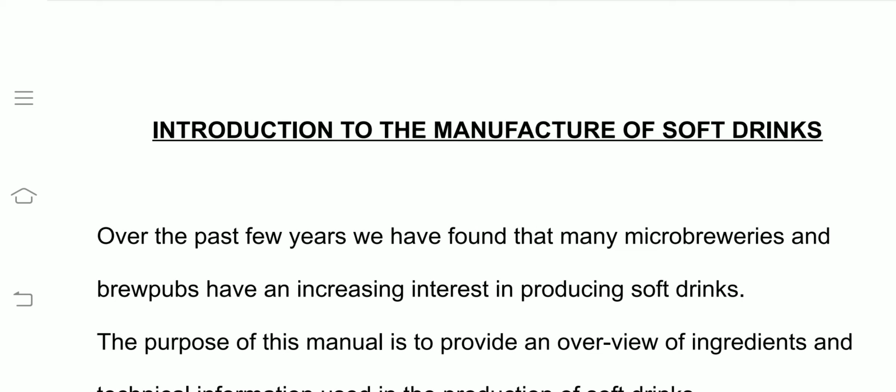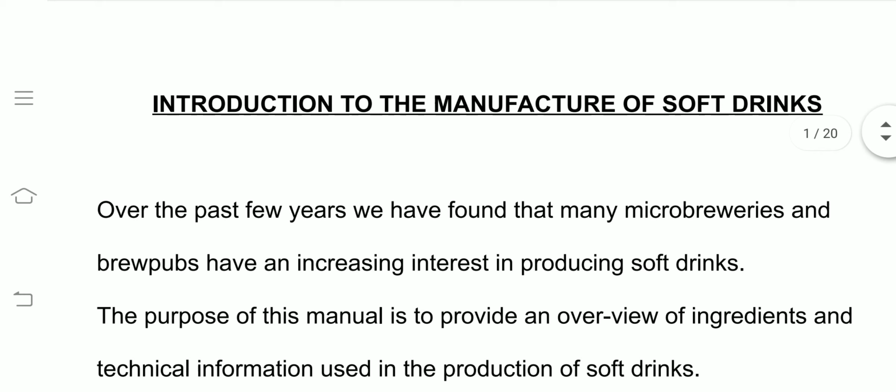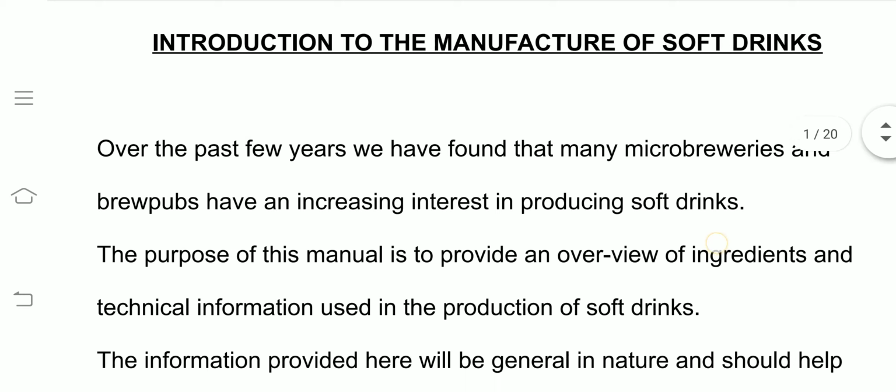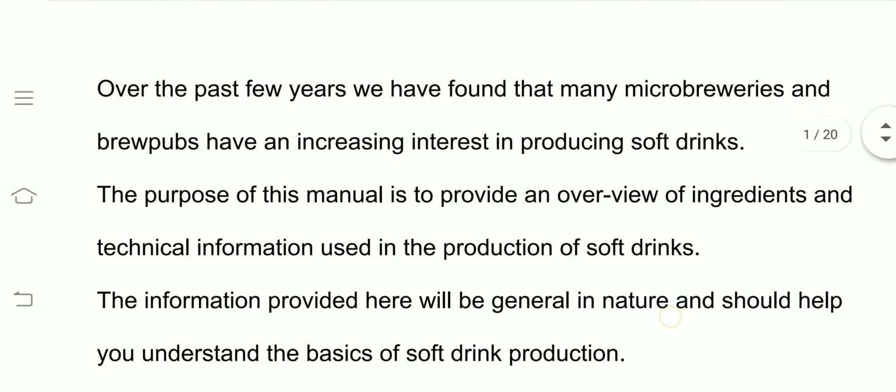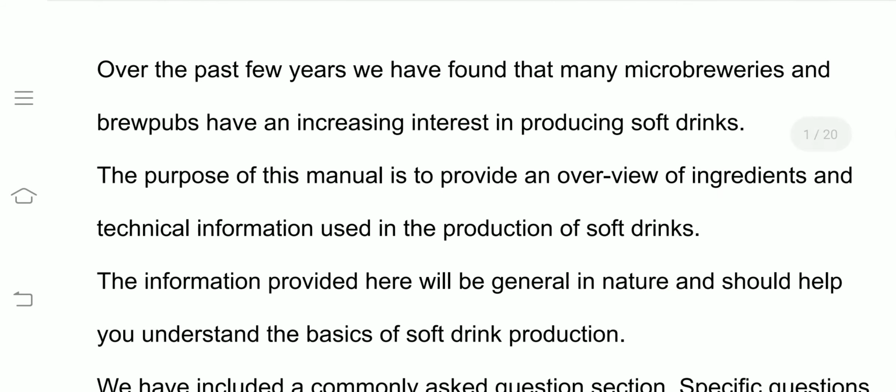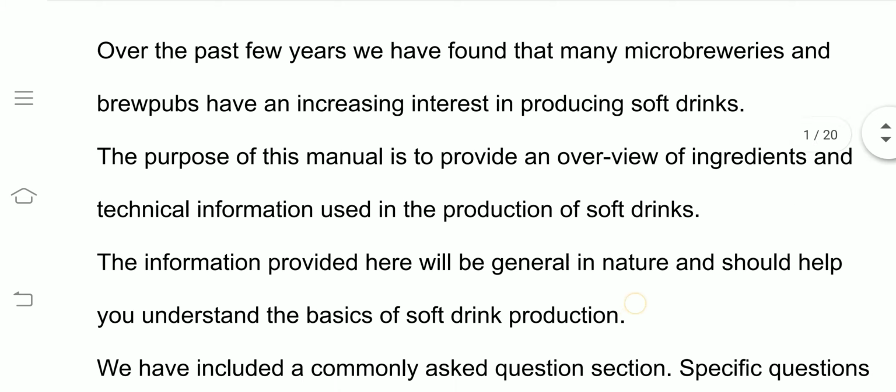Hello MSCFT. Today's topic is Introduction to the Manufacture of Soft Drink or Manufacture of Carbonated Beverages. Over the past few years, it has been found that many microbreweries or beverage industries have an increasing interest in producing soft drinks.